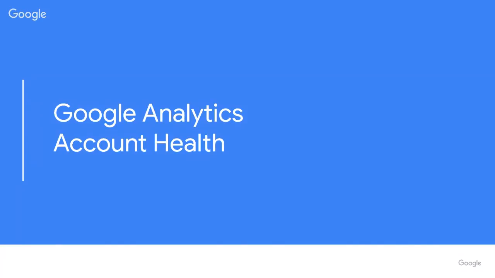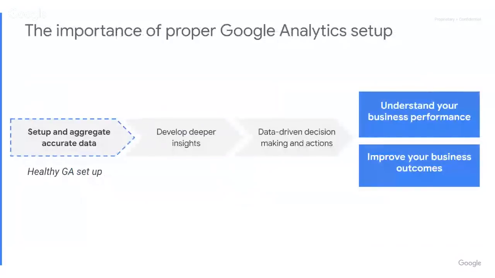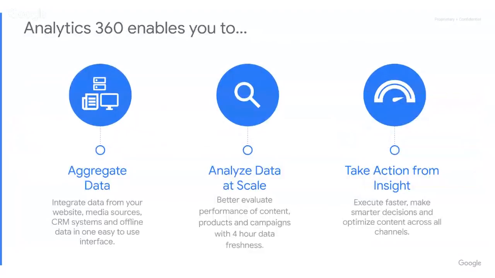So what does a healthy analytics setup look like? As a refresher of the previous live stream, it's important to know that Analytics 360 enables you to aggregate data, analyze data at scale, and take action from insights. Google Analytics is a powerful customer analytics product that is an integrated system to combine all data in one place.